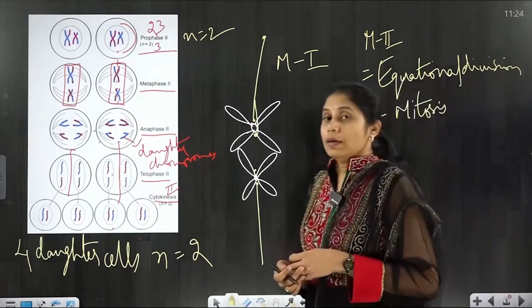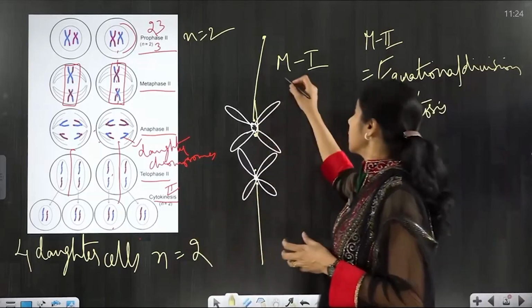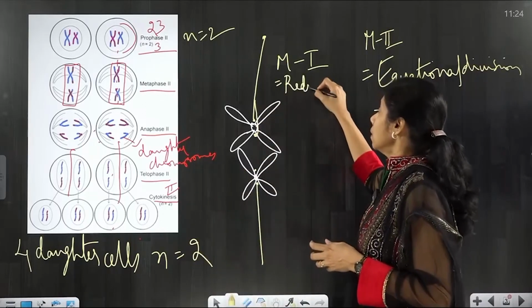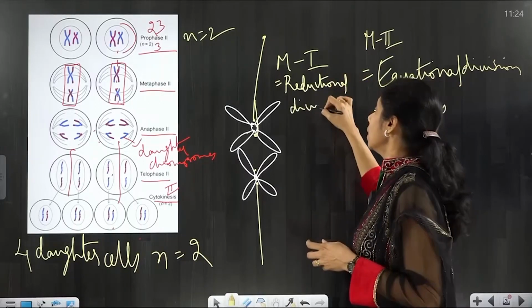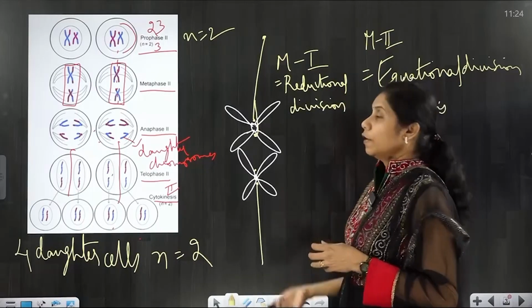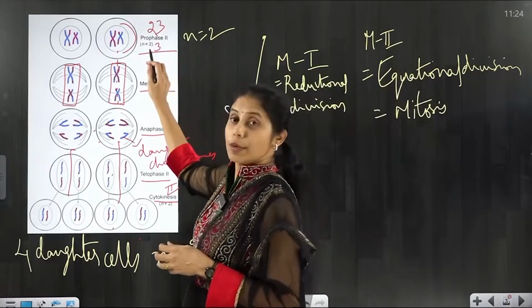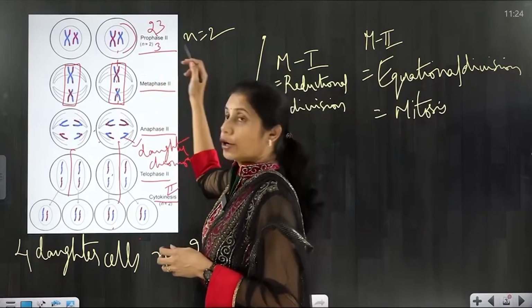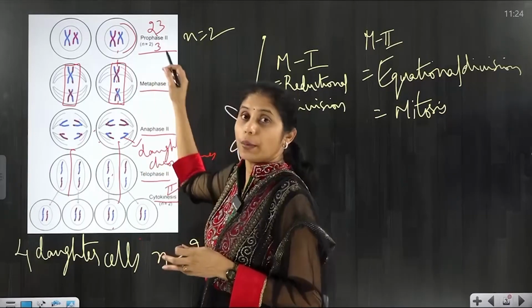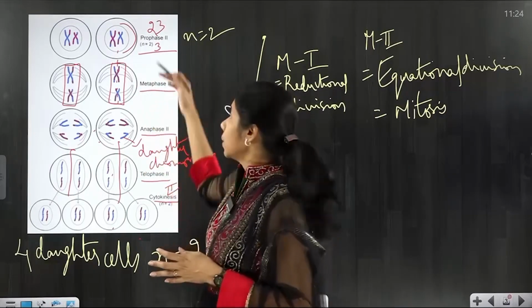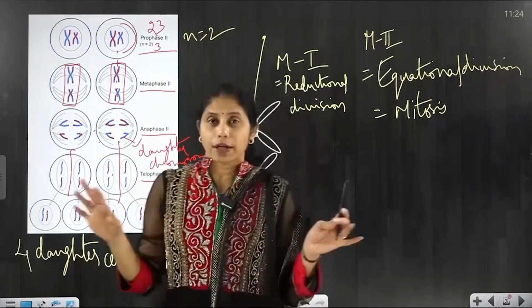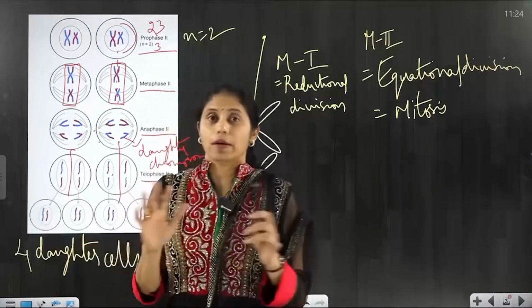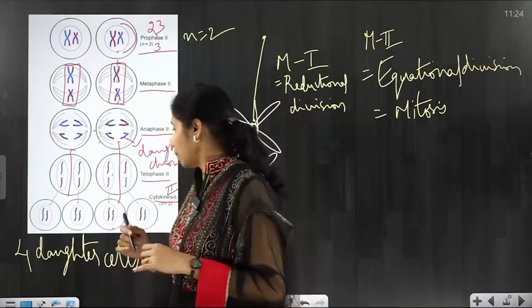Meiosis 1 is called reductional division because if you take 2 chromosomes, each cell will get only 1 chromosome. If you take 4 chromosomes, each cell will get 2. If you take 46 chromosomes, each cell will get 23. So exactly, reduction happens in meiosis 1, and in meiosis 2 no reduction happens, just equal division, equational division.